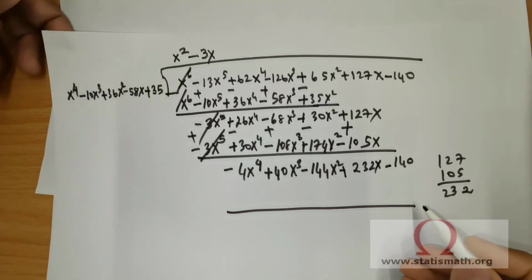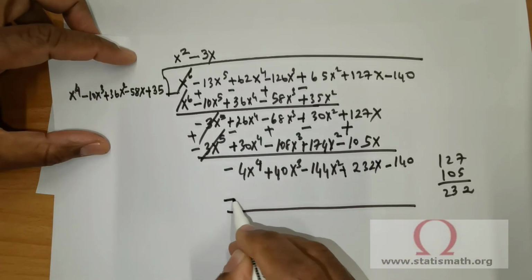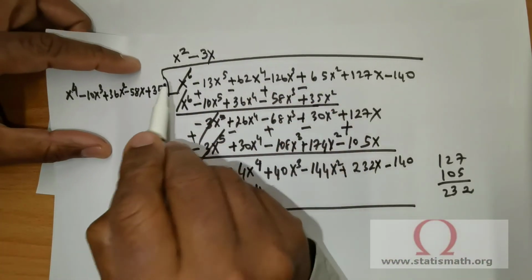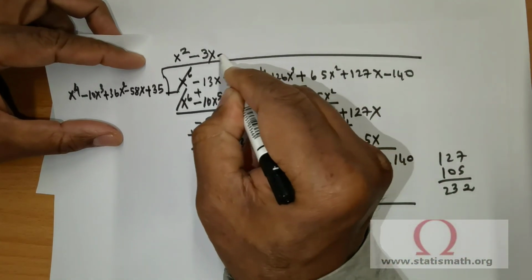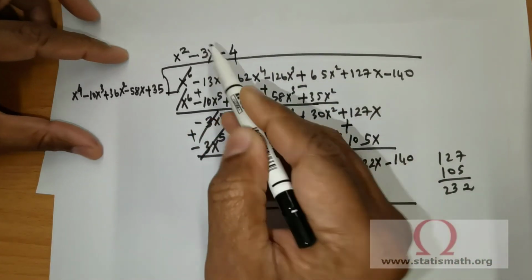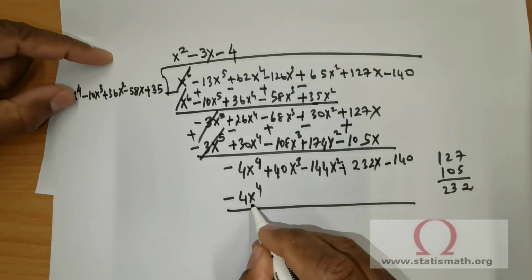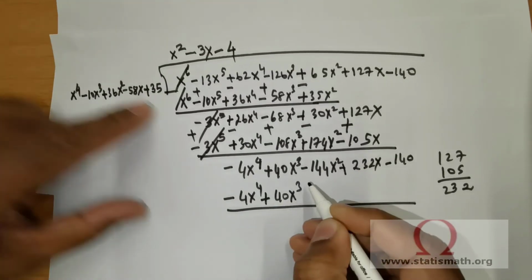I draw a line, and then I have to place negative 4x to the power 4 here. So what happens here? I need to get negative 4x to the power 4. So that's going to be negative there, followed by 4. So 4 times x to the power 4 with a negative sign will give me negative 4x to the power 4. This is going to give me 40x to the power 3.